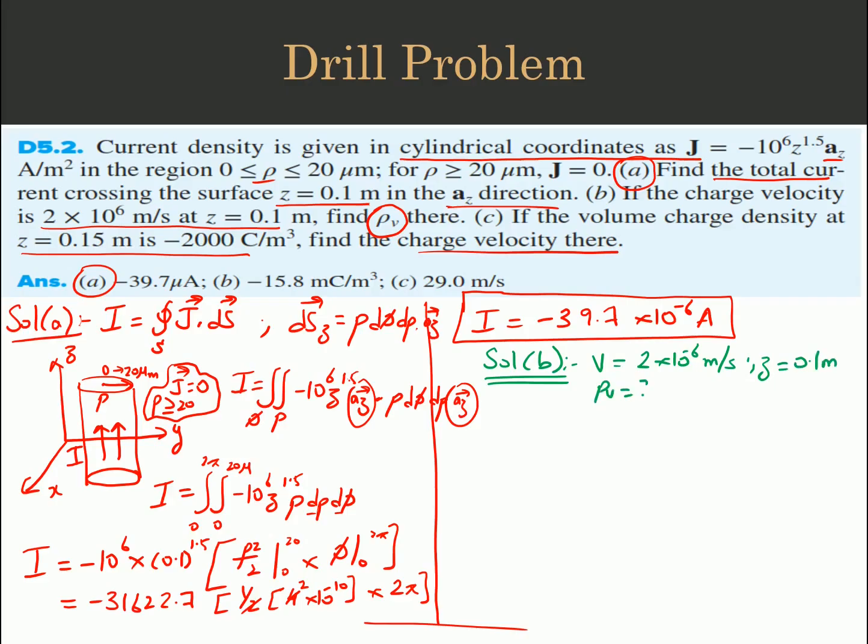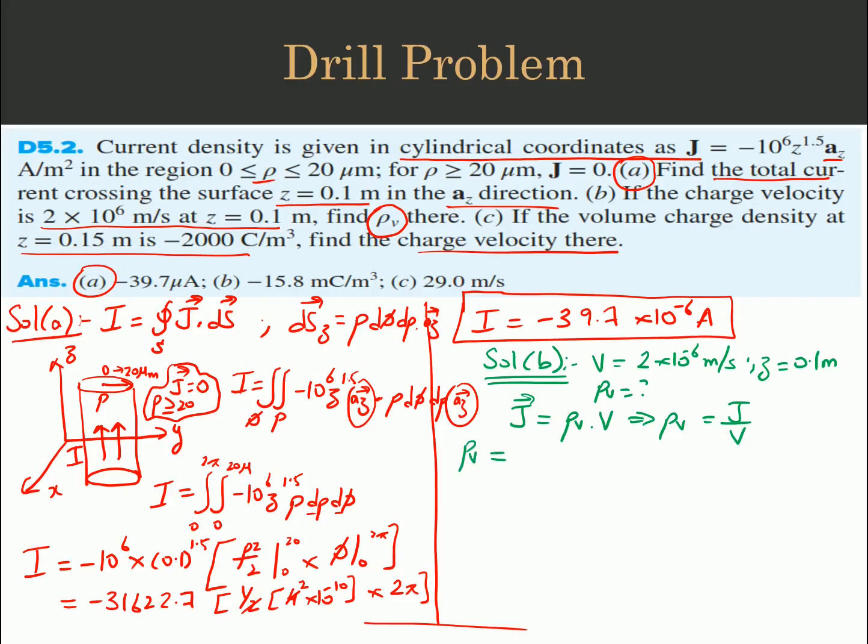Okay, so we can use the equation that shows the relationship between current density and charges in motion. From this equation we can find rho v, which is basically the current density over the velocity, and once you input everything over here, the value comes out to be, so I'll just input the values for easiness.